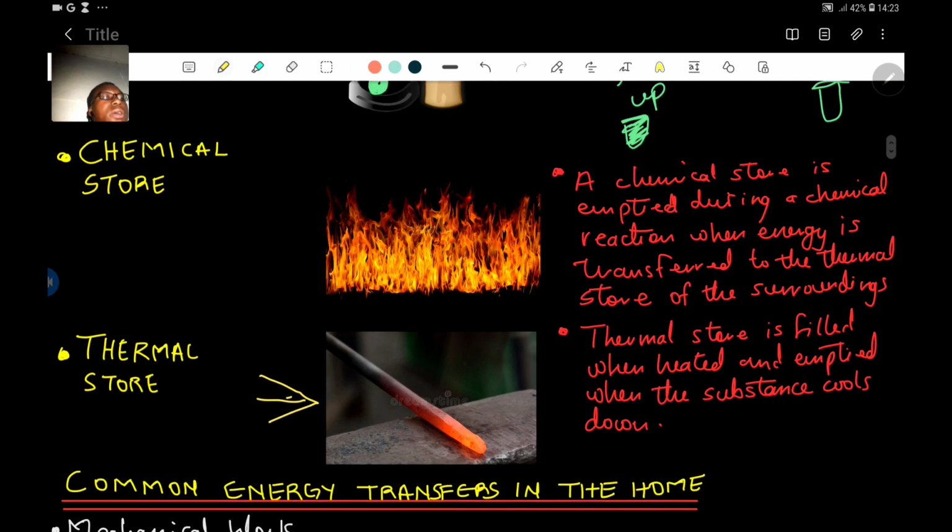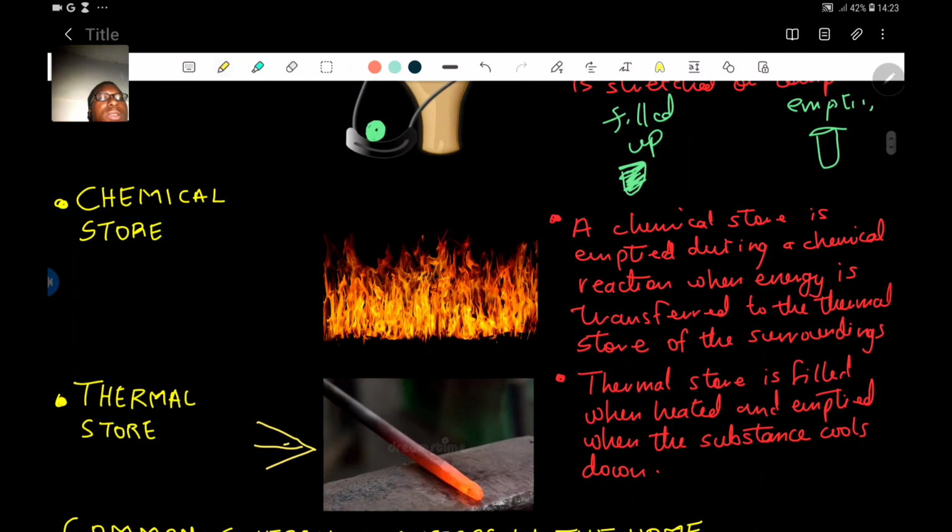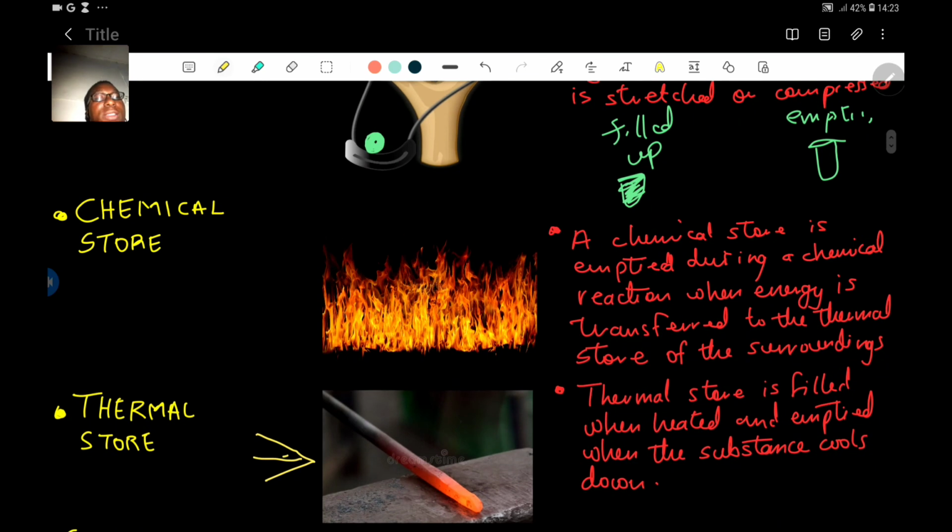We've talked about the thermal store. This is the last type of energy store we have. Here you have an iron that has been heated, a red hot iron. I wouldn't advise you to touch this red hot iron. The thermal store is filled when heated and emptied when the substance cools down.